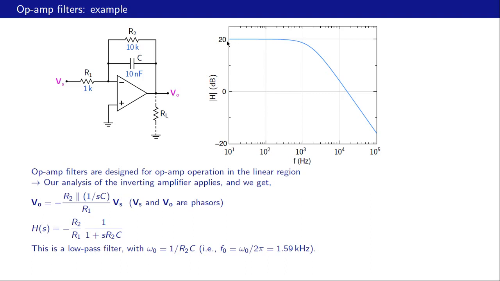And the corner frequency is given by the intersection of this low frequency asymptote and the high frequency asymptote, and that is 1.6 kilohertz. These two should intersect at a frequency which is 1.6 kilohertz. You can check that out.